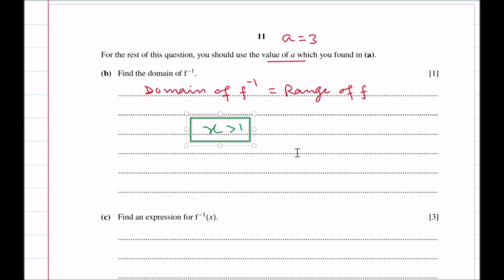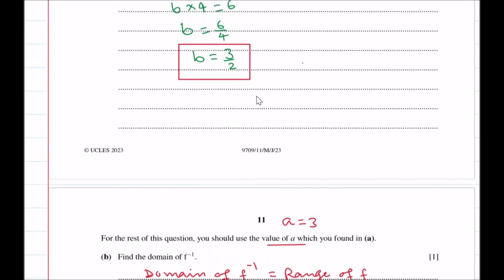Now find an expression for f inverse x. So we have to find f inverse x. Let us find f(x). So if we have f(x) here, we'll write f(x) equal to 1 plus, look at this f(x).